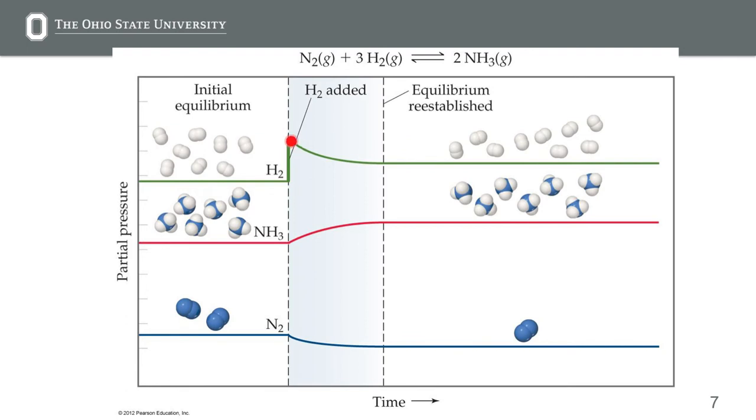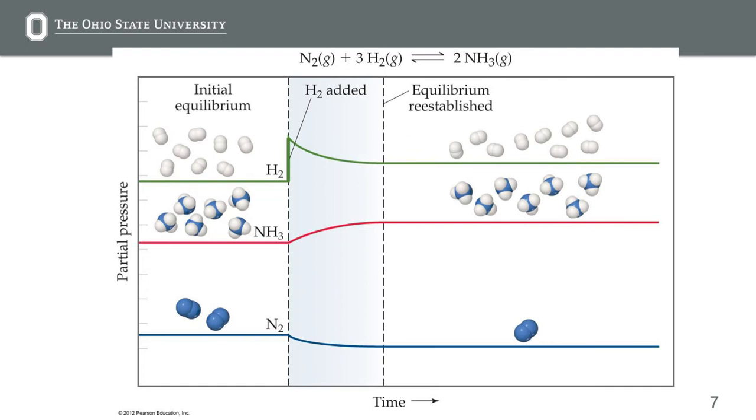After some time, we see a decrease in the H2 concentration, we see a decrease in the N2 concentration, and the ammonia concentration increases. And eventually, we reestablish equilibrium. But the ammonia concentration is higher than it once was.